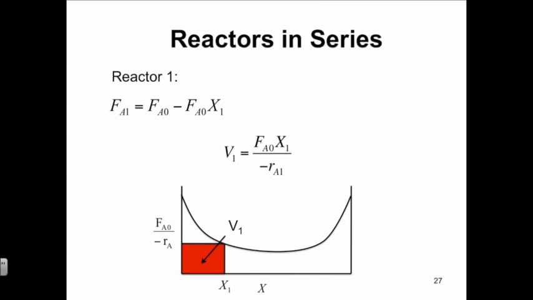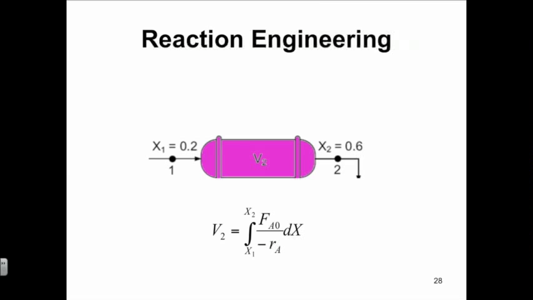A little bit different because at X1, we have to evaluate this quantity at X1. So at X1, we have this quantity as one side of our rectangle. And then to get the height, you come over here, at X1, and find out what Fa0 over minus Ra is at X1. And we see this is going to be the area, which will give us our CSTR volume.